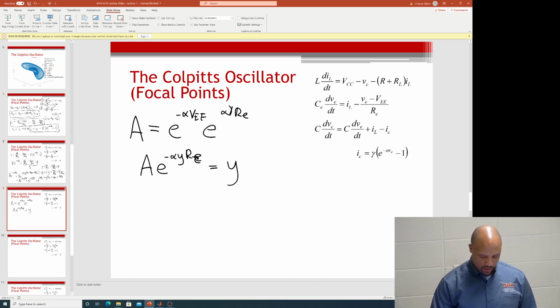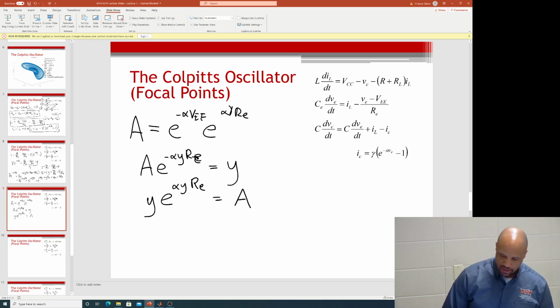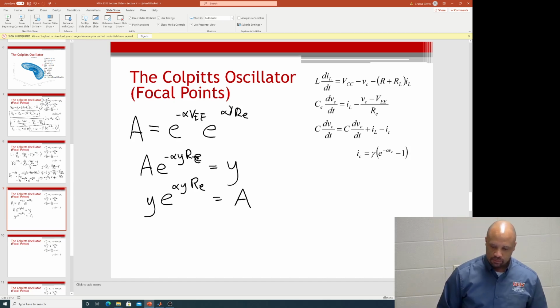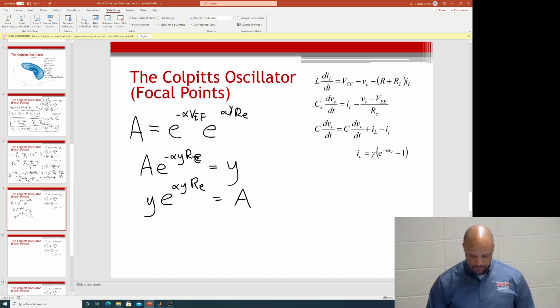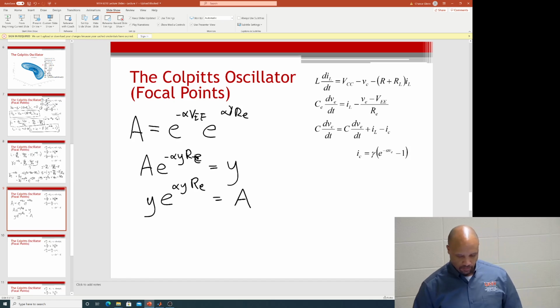Now further, I'm going to move the e over here and say that y times e to the plus alpha y RE is equal to A. And that's a constant. So I want this in the form of just, let's say, z e to the z, right?